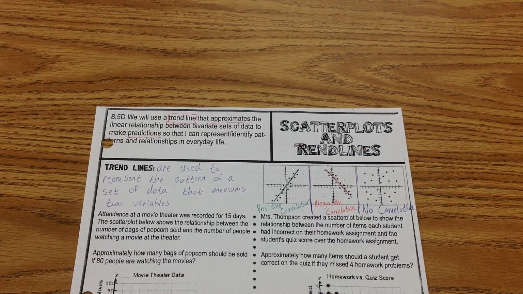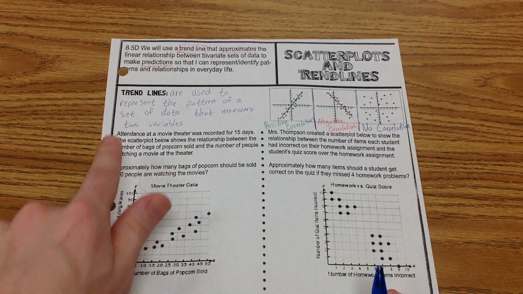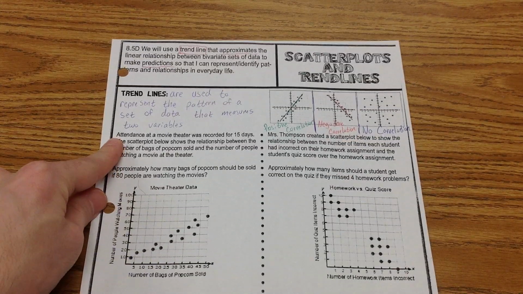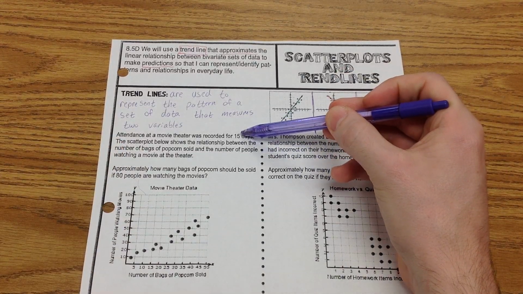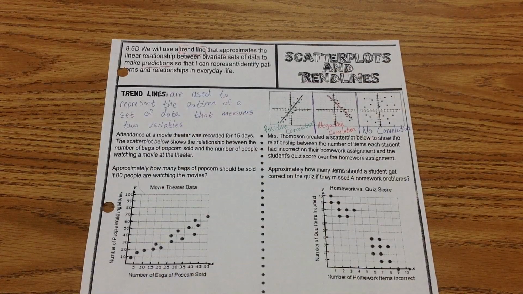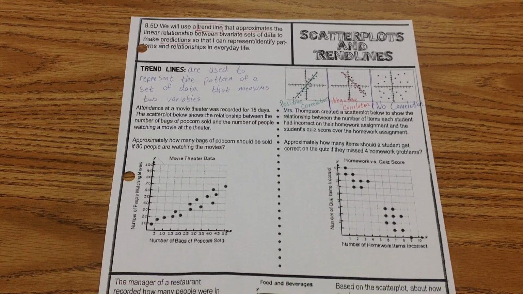Let's talk about how we're going to continue to make trend lines, but also use them to help us make predictions. So let's look at example 1. It says that attendance in the movie theater was recorded for 15 days. The scatter plot below shows the relationship between the number of bags of popcorn sold and the number of people watching a movie at the theater. Those are our two variables right there.